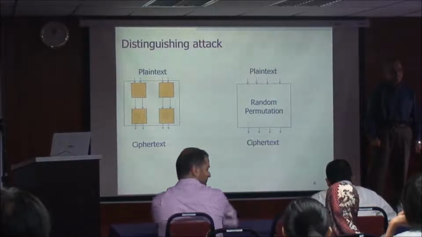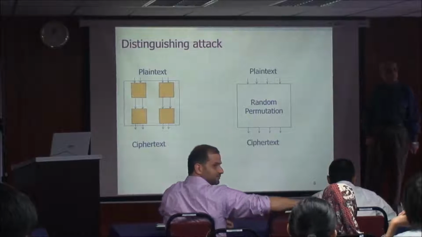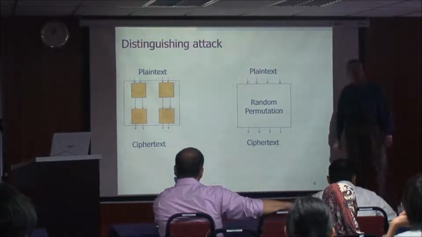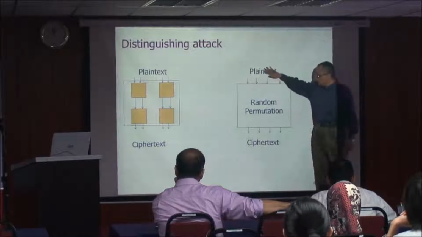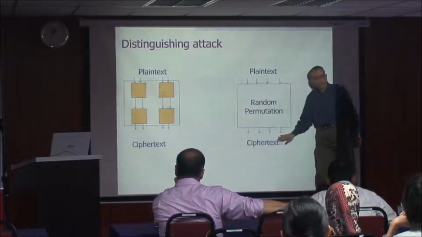The left 2 bits are changed and the left 2 bits are not changed. Okay. So in here, suppose I queried this box with a plain text, and then I observed the output.